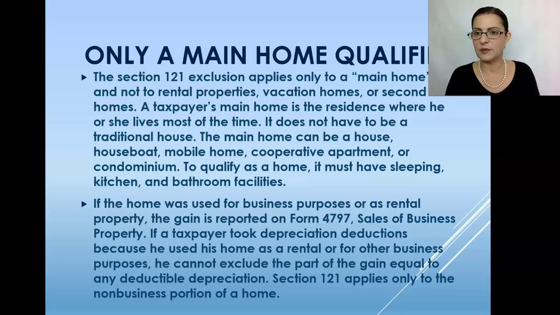But it is possible for a taxpayer to sell a home that was their main home, still get the Section 121 exclusion, but if the taxpayer did convert it to a rental property for a short amount of time, like a year or 6 months or something, and took depreciation on that rental, then the gain has to be reported on the Form 4797 in order to recapture the depreciation deductions. All right, you can't exclude that gain.